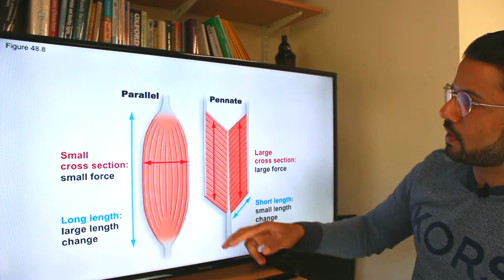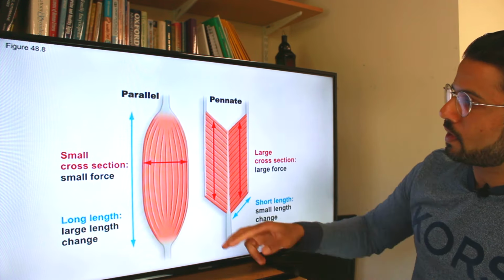And when you look at, say for example, this muscle here, which doesn't have this level of pennation at all, it's not going to be able to produce as much force because it's going to have a smaller cross-sectional area. So this kind of physiologic adaptation here, and we call it the physiologic cross-sectional area, enables greater force production.